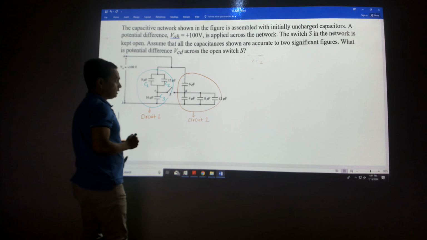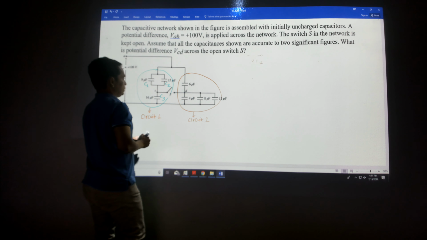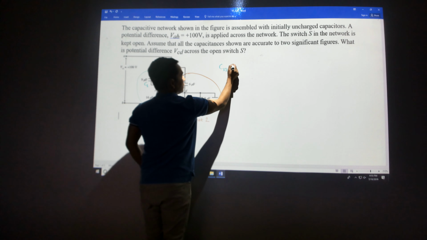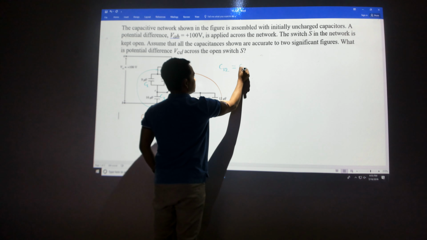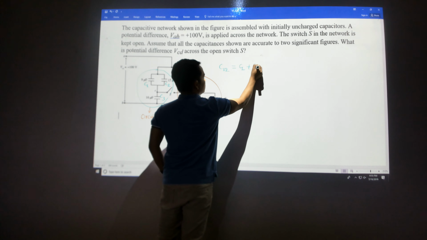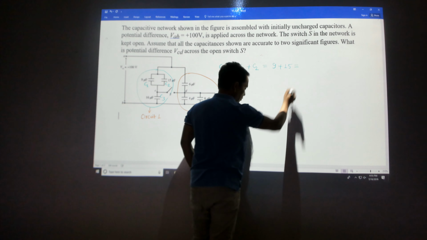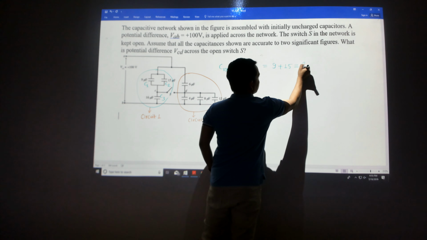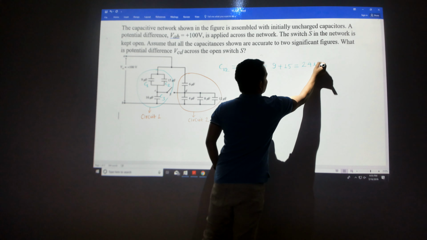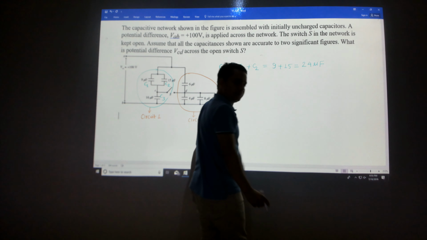C1 and C2 are in parallel, so C12 is simply C1 plus C2, which is 9 plus 15, which is 24 microfarad.